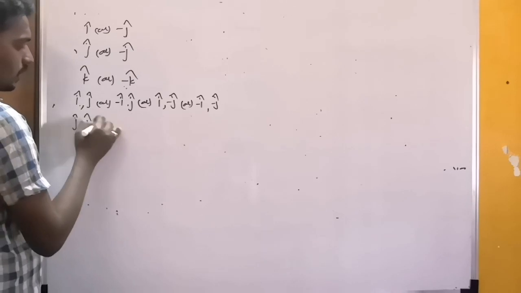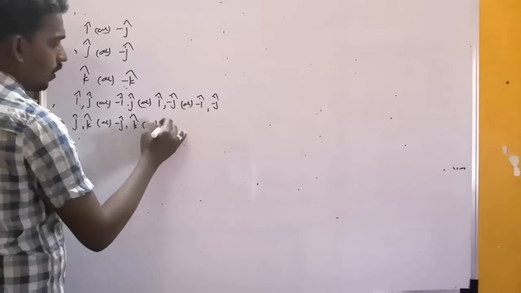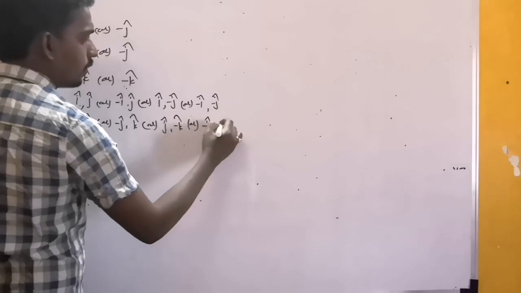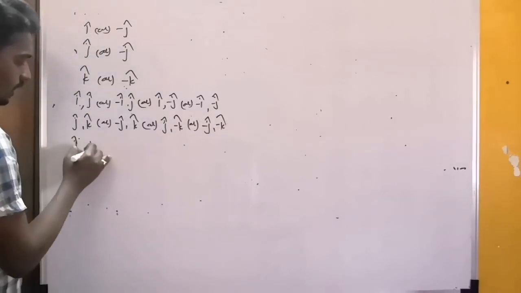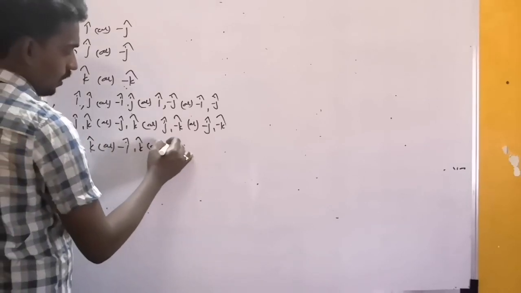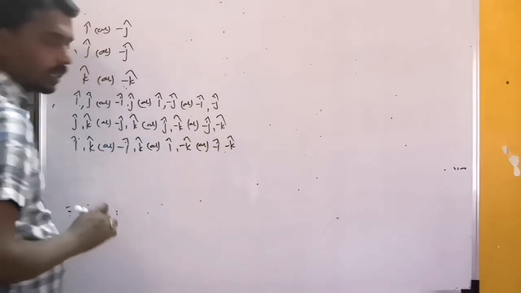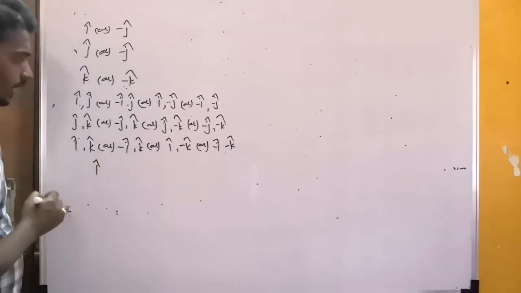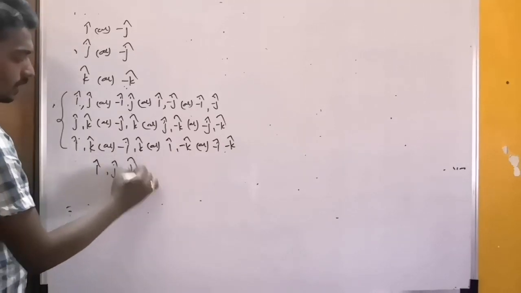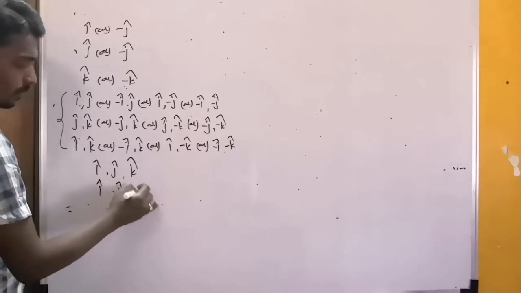Similarly, jk or minus jk or j minus k or minus j minus k or ik cap or minus ik cap or i cap minus k cap or minus i minus k cap, or else 3 dimension. These are all 2 dimension. ijk or else i minus j minus k.